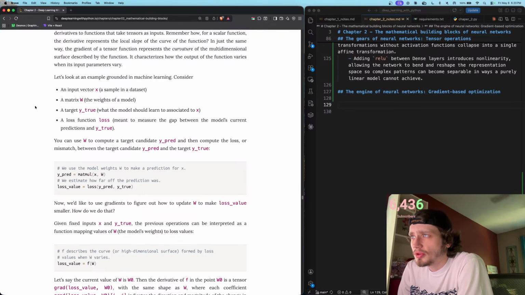We can use W, the weights of a model, to compute a target candidate, y_pred, and then compute the loss, or mismatch, between the target candidate y_pred and the target y_true.